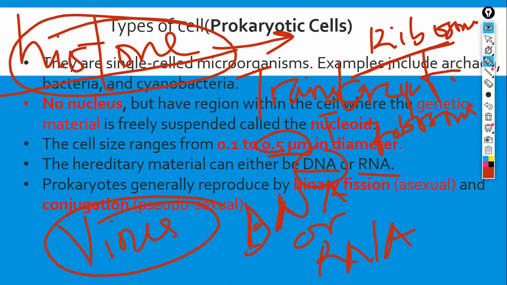So it's in the ribosome that proteins are synthesized. I hope we got that picture. I'm still going to make in-depth tutorials on these things that I've just explained here.